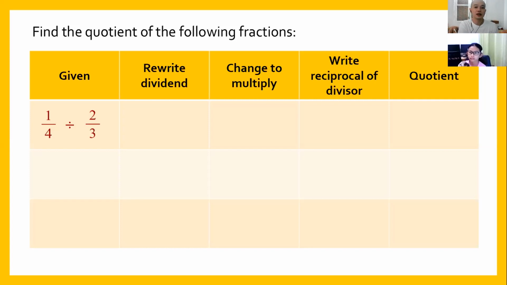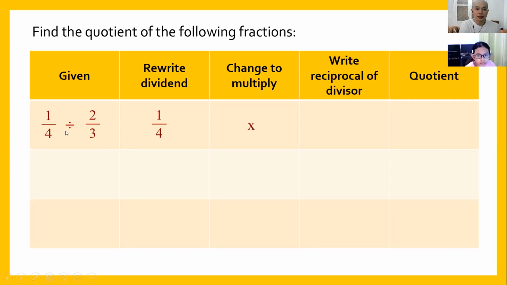And then the quotient. So 1/4 divided by 2/3: you just rewrite the dividend 1/4 and change the division to multiplication.